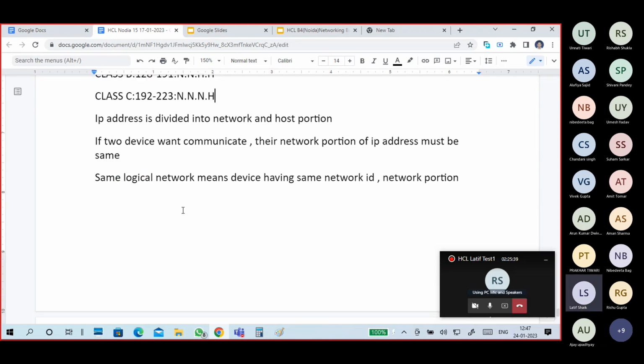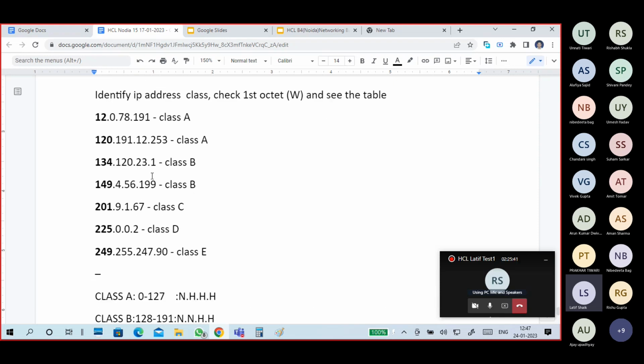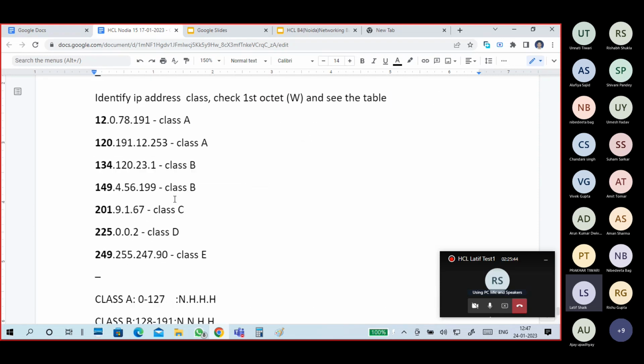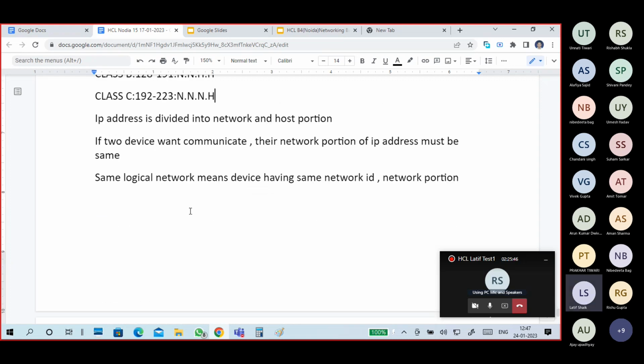Guys, here you have two devices and you want to make them communicate with each other. Their network portion must be the same, and host portion is different. Network portion must be the same and host portion different.